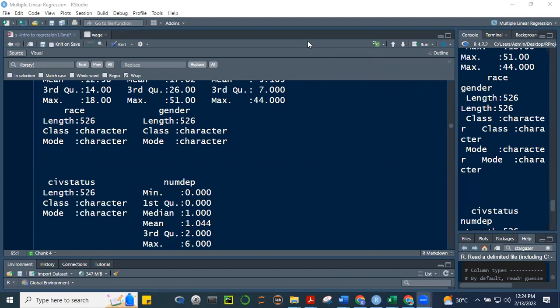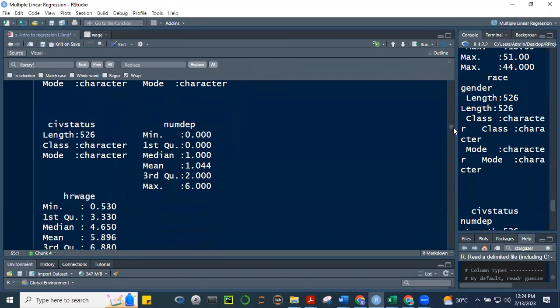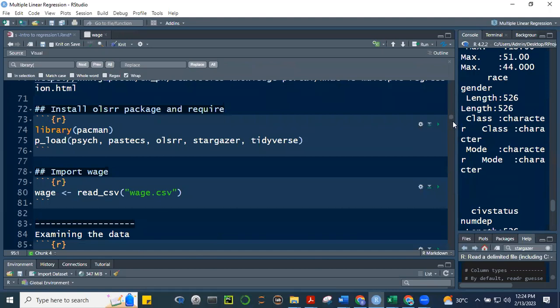Yeah, thank you, Jonas. You're correct. They should be treated as factors, no? Kasi pwede silang classifiers, eh. Okay, and we'll look into that later.